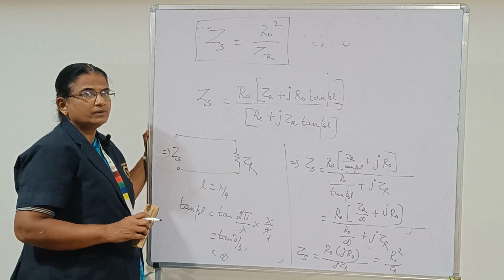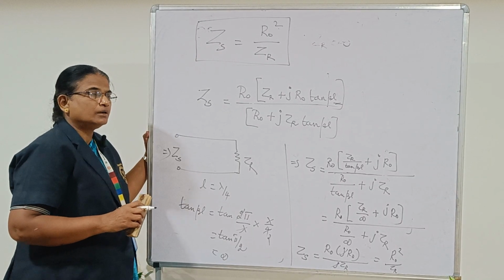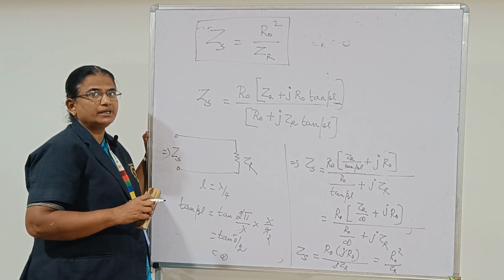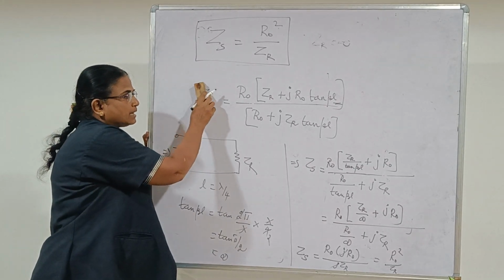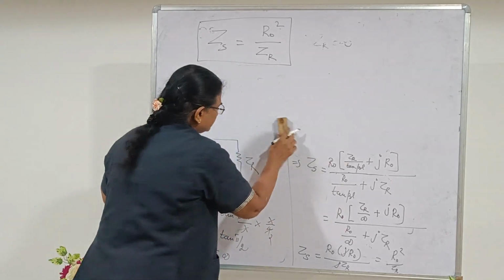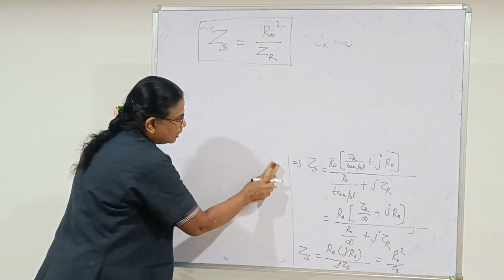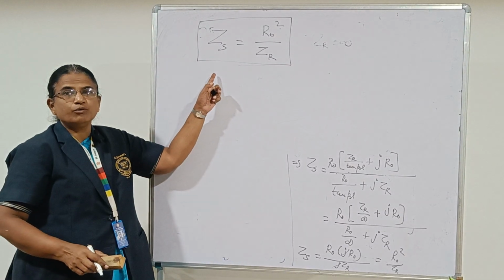Similarly, we can derive the sending end impedance for a line of length lambda by 2 as well as a line of length lambda by 8, and we can discuss the application of each line. So now let us discuss the application of this lambda by 4 line.